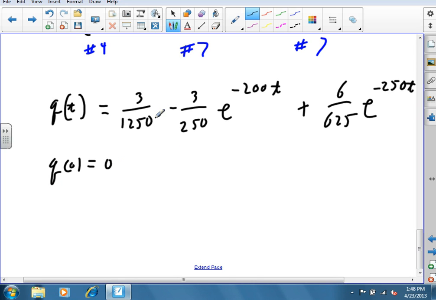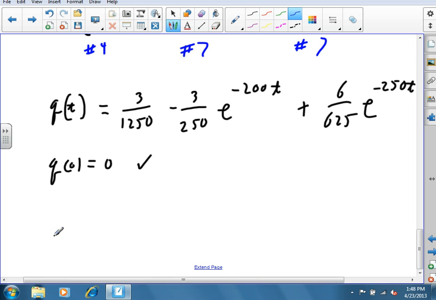And so, as 3 divided by 1250 minus 3 divided by 6250 plus 6 divided by 625. Is that 0? Boom, it is. Okay, check.